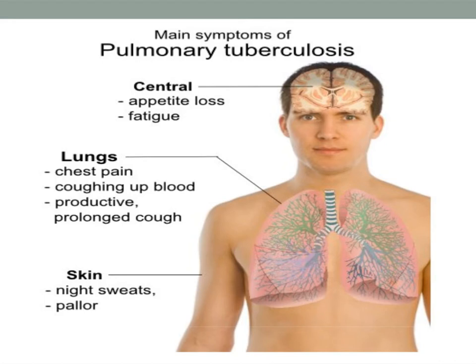Again, this is just a visual of signs and symptoms of pulmonary tuberculosis. And like I said, night sweats is a really indicative thing that makes us a little bit suspicious. Coughing up blood, appetite loss, and fatigue are other pretty significant symptoms of TB that help it stand out from other infectious processes of the lungs.